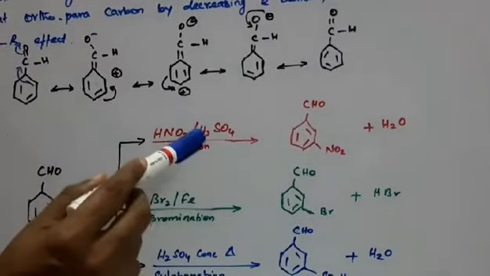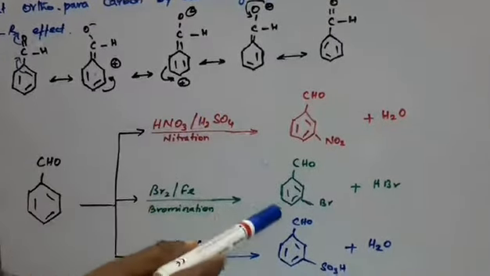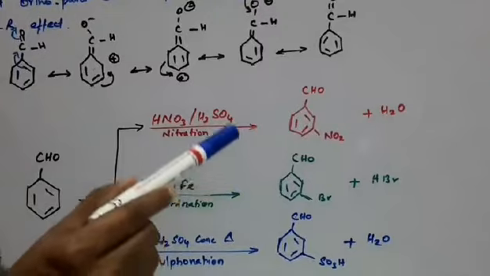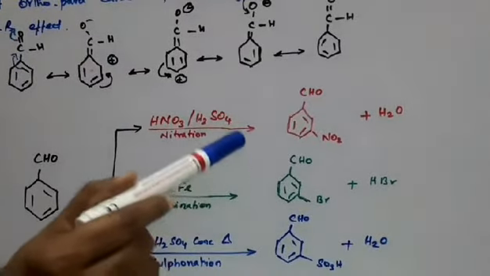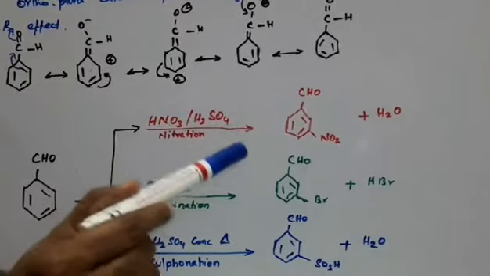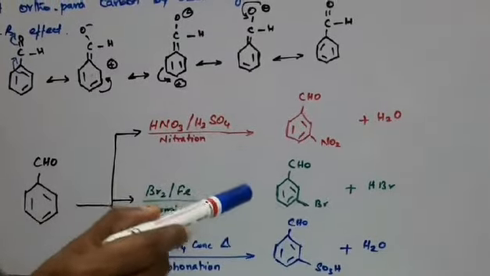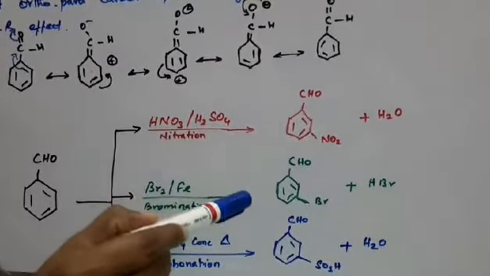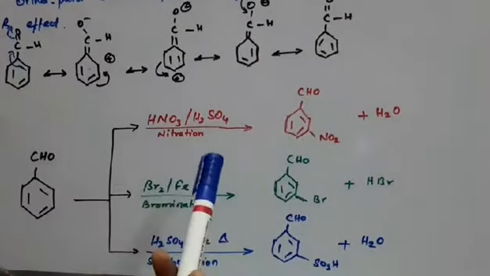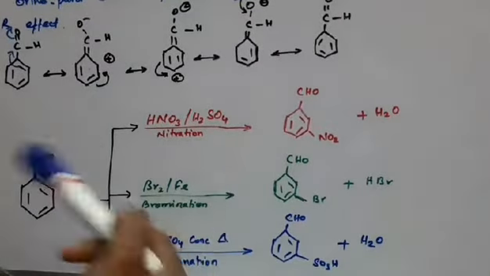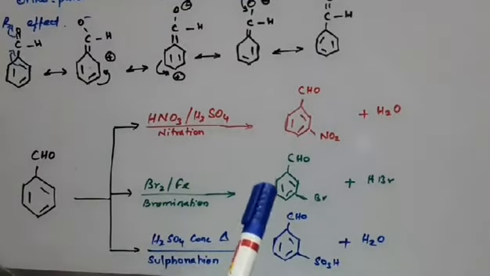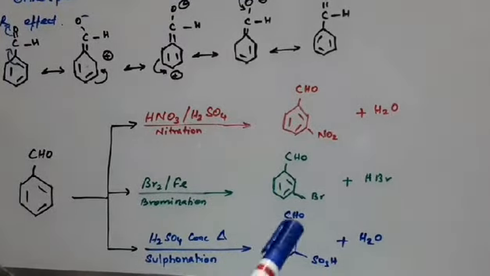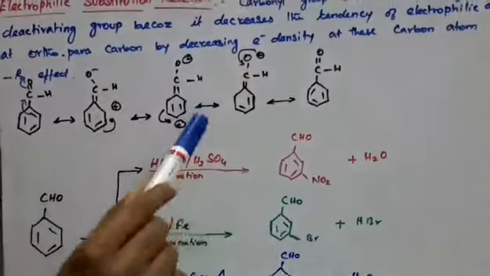Here there is no possibility, because it is a meta directing group, ortho para deactivating group. This is the main key point why Friedel-Crafts reactions do not take place in aromatic aldehydes and ketones: they will not undergo Friedel-Crafts acylation as well as alkylation. Because of this main reason, you have to write the key points.